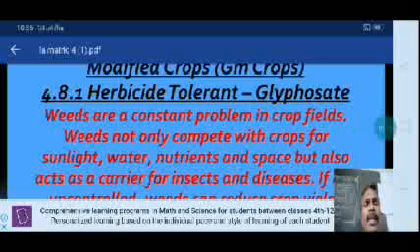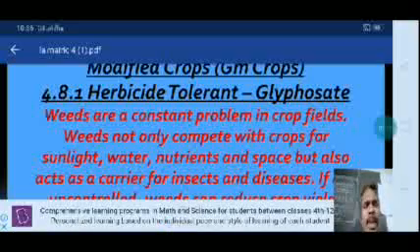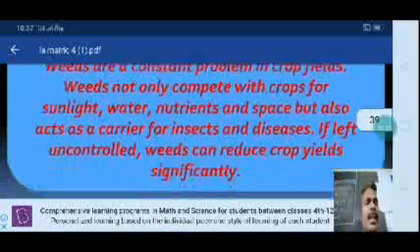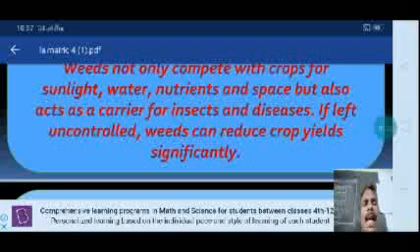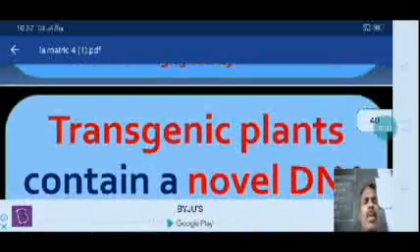If left uncontrolled, weeds can reduce crop yields significantly. If you control the weeds, it will reduce the diseases in crop fields. That is very important.